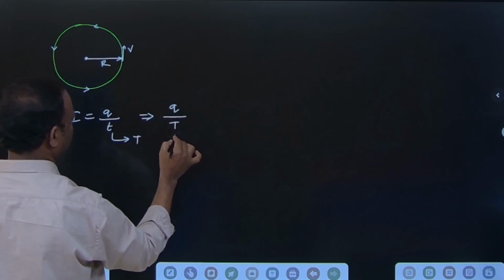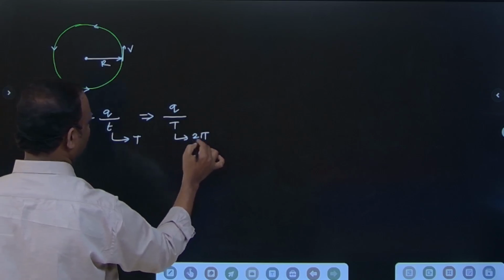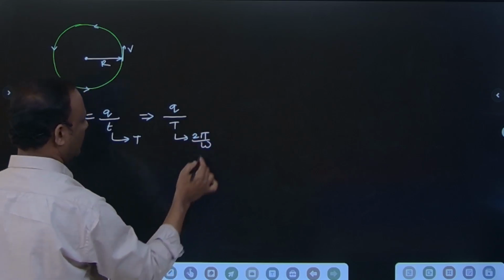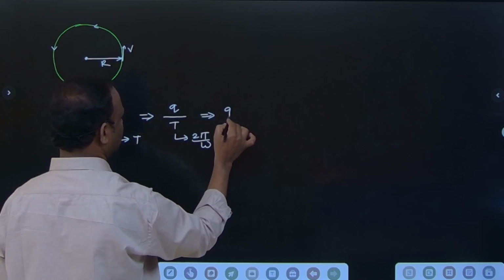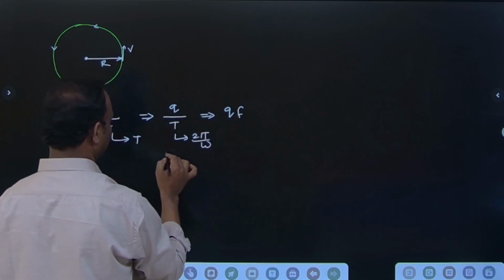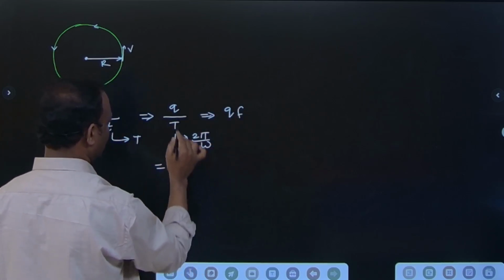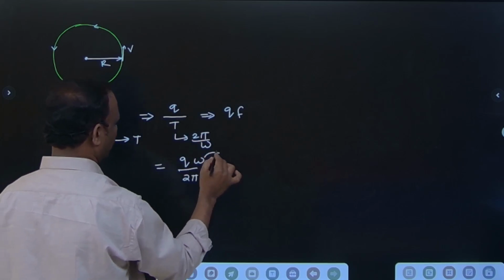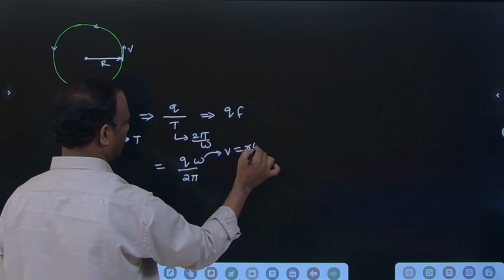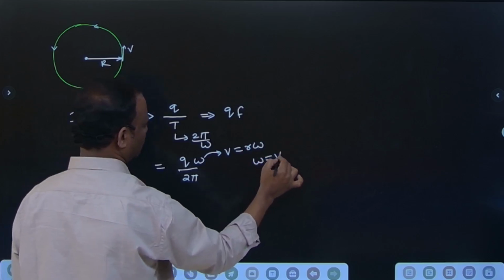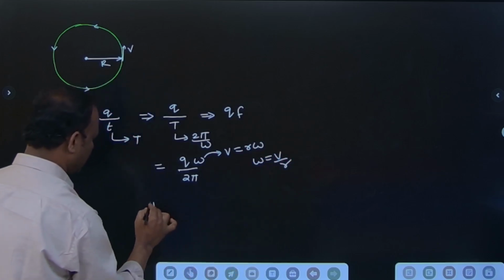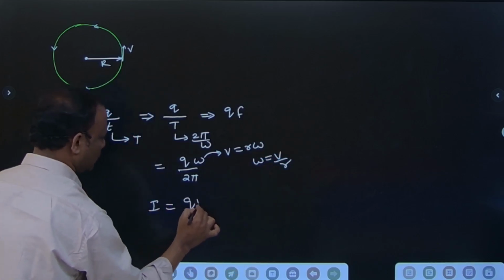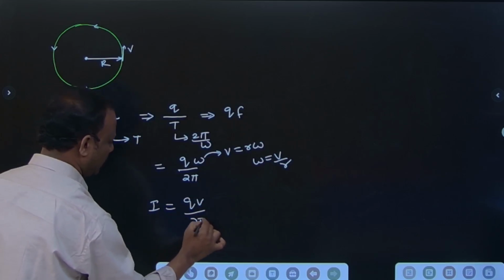T is equal to 2 pi by omega. Omega means v is equal to r omega, so omega is equal to v by r. Then I is equal to QV by 2 pi R.